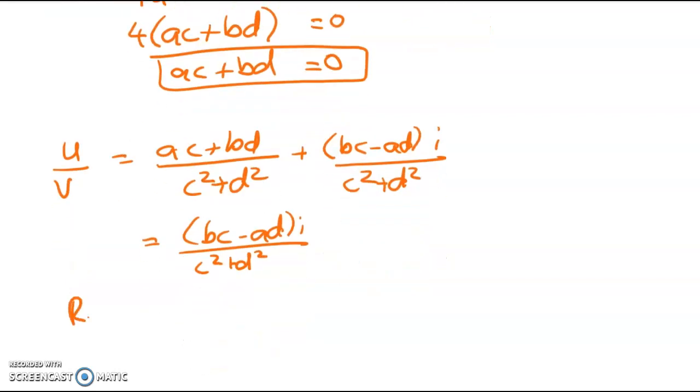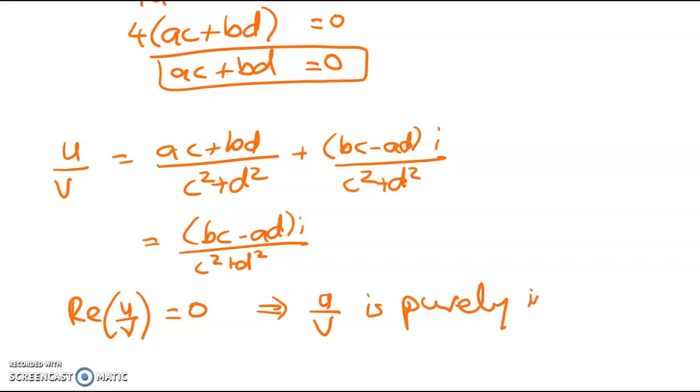In other words, the real part of u over v is equal to 0, so u over v is purely imaginary. So there you go.